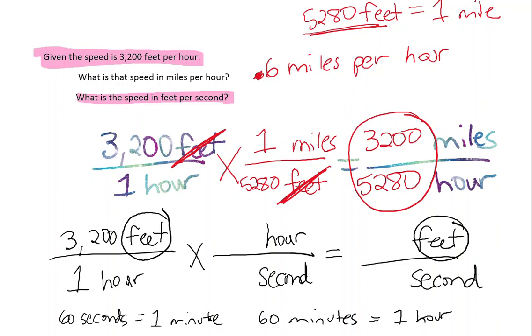So we may need to go back and have two separate conversion factors. One that gets me from hours to minutes and another one that gets me from minutes to seconds. Or you may be able to determine that since there's 60 seconds in every minute and 60 minutes in 1 hour, 60 times 60 is 3,600. That would make 3,600 seconds in an hour. Let's look at it both ways.